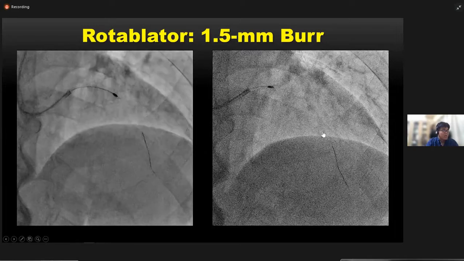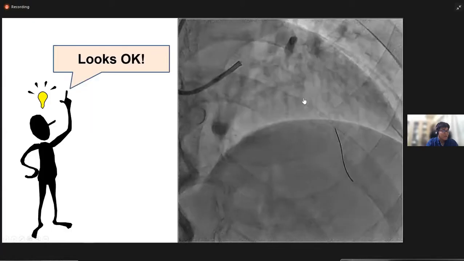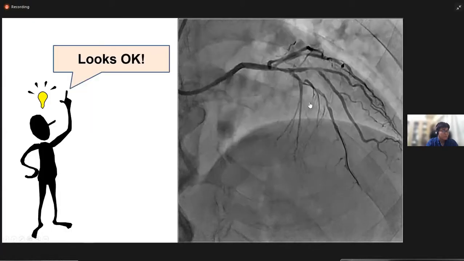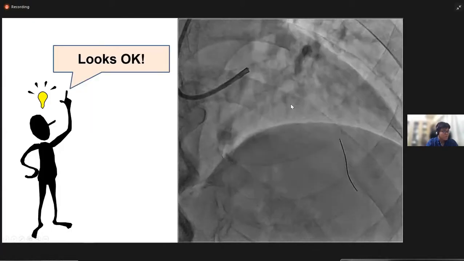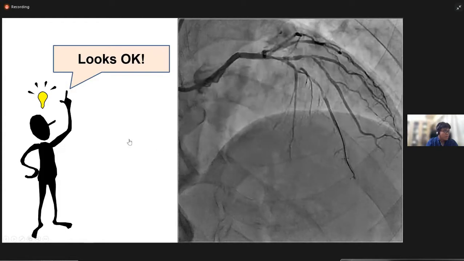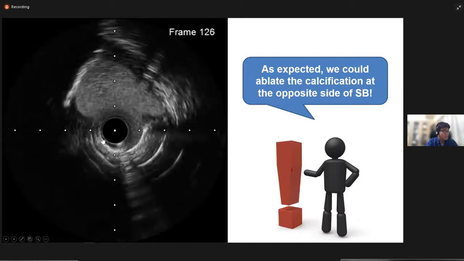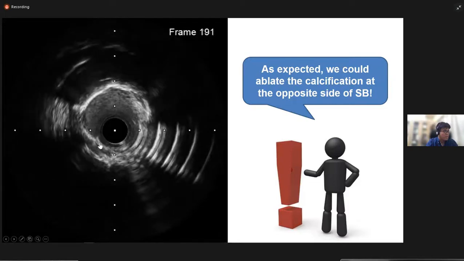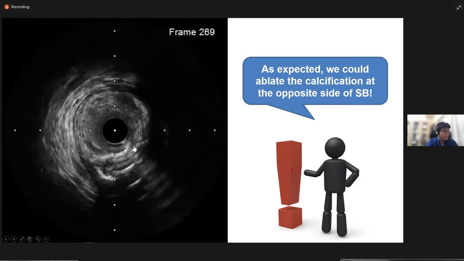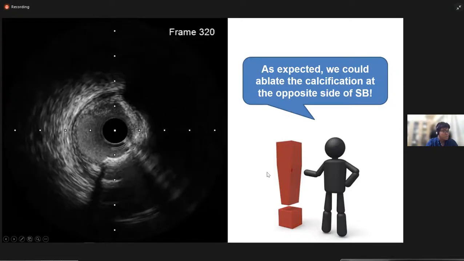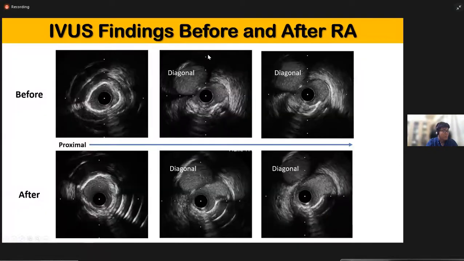This is the angiogram. After the rotablator, it looks okay. This is the IVUS. As you can see here, the superficial calcium is well ablated with the 1.5 millimeter burr. This is a summary of the IVUS finding before and after rotablator.